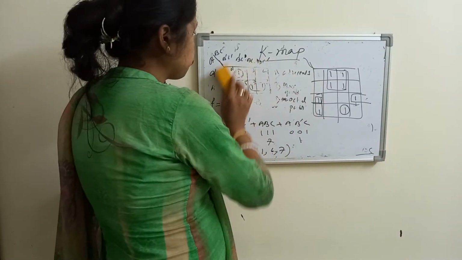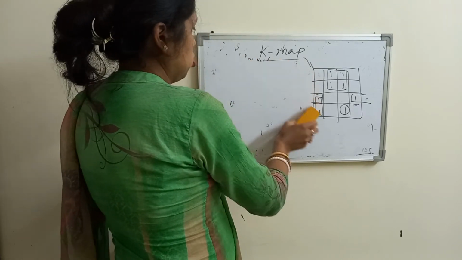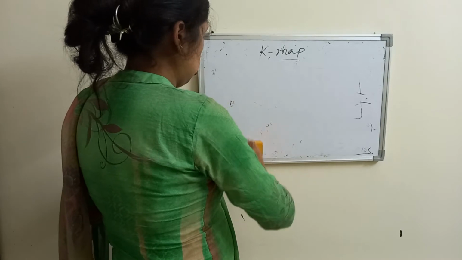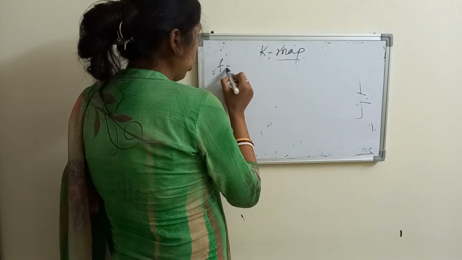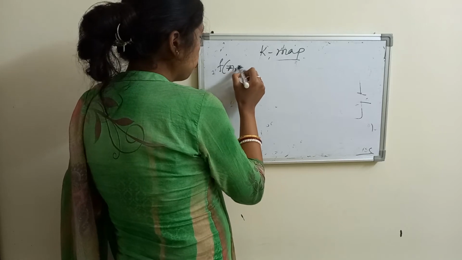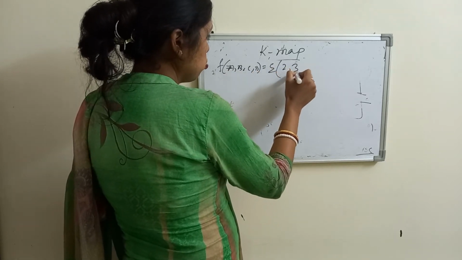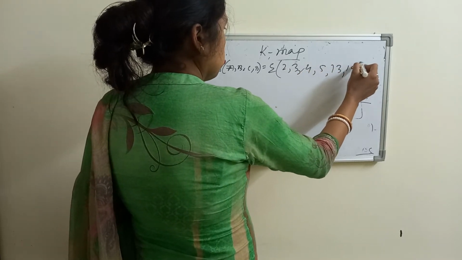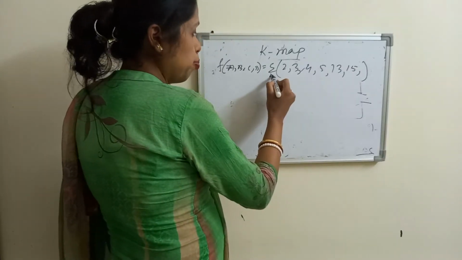Now I will show you one example using 4 variables. f is f of a, b, c, d, summation, like these functions are given.